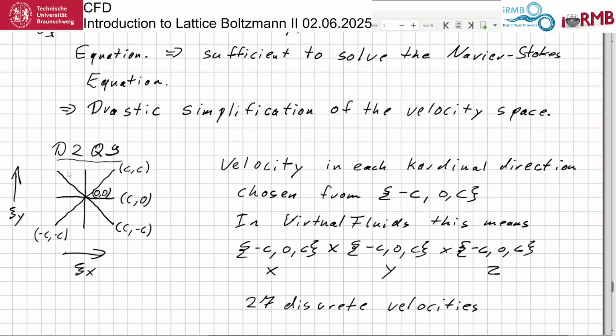So what we do is we take very few discrete speeds with which we discretize our velocity space, and these discrete speeds are on what we call a lattice.